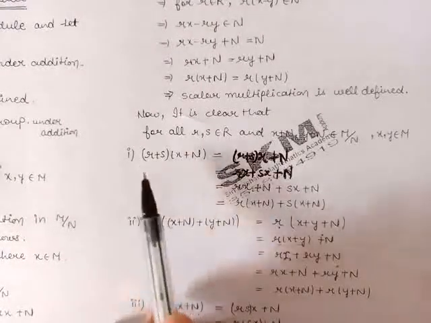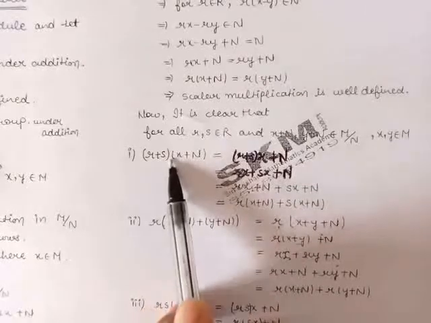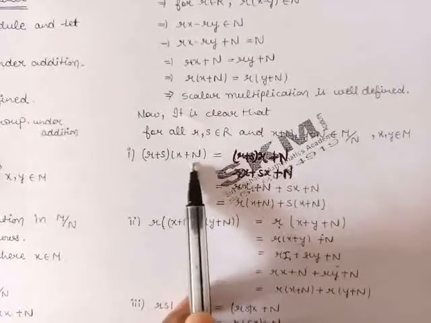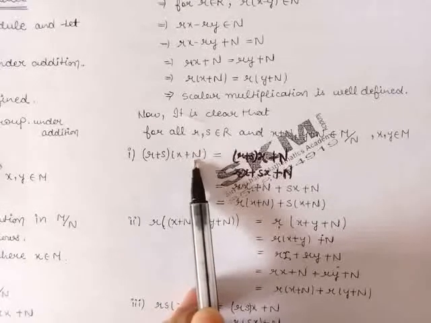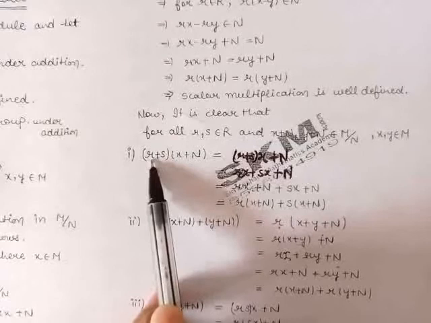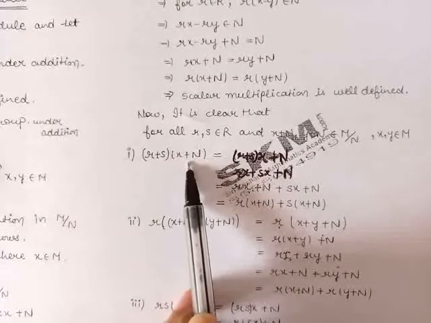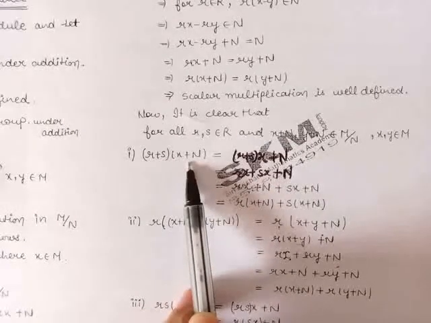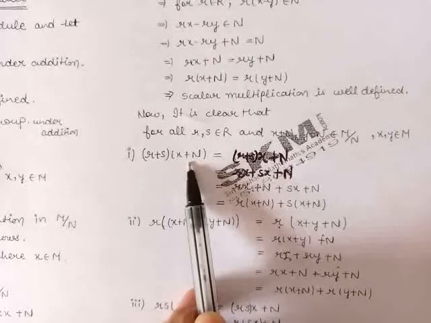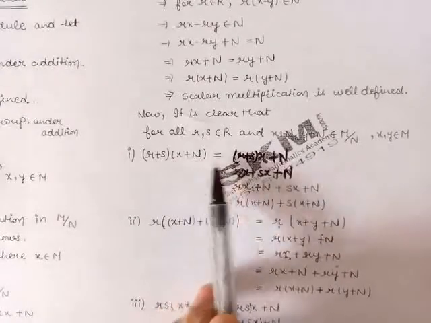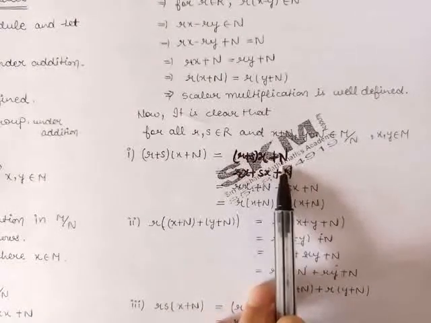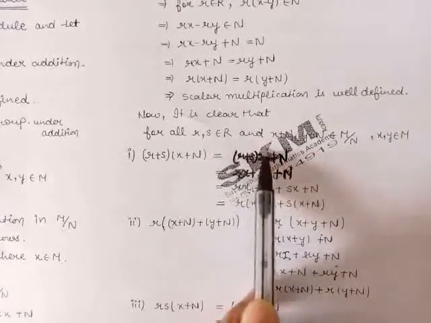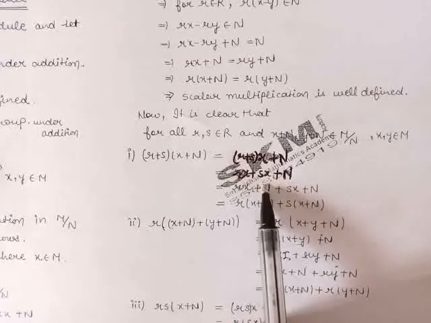In the first condition, we take two elements r and s belonging to the ring R, and one element x plus N belonging to M by N. Now let us find (r plus s) into (x plus N). By definition of scalar multiplication, which we defined already, this can be written as ((r plus s)x) plus N. Now because M is a left R module, by properties of module, (r plus s)x can be written as rx plus sx.